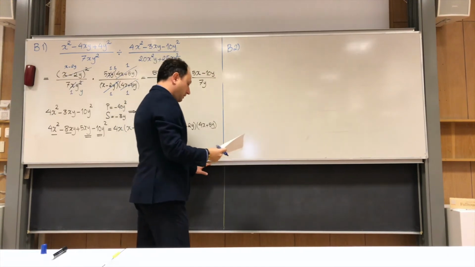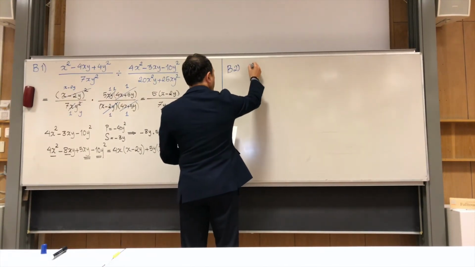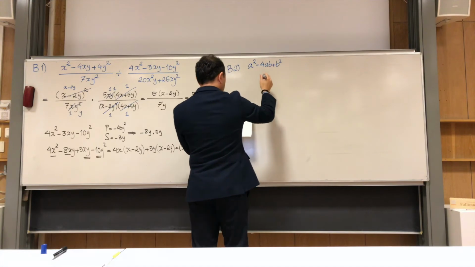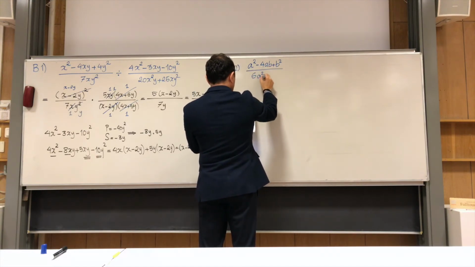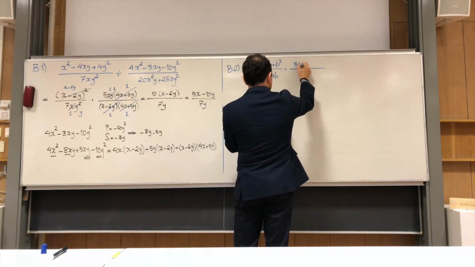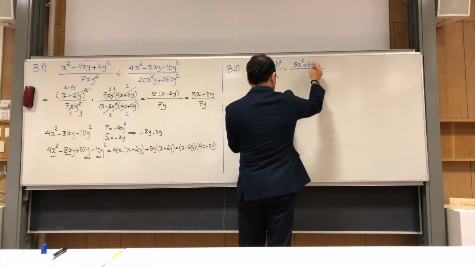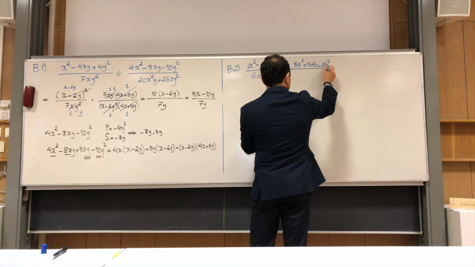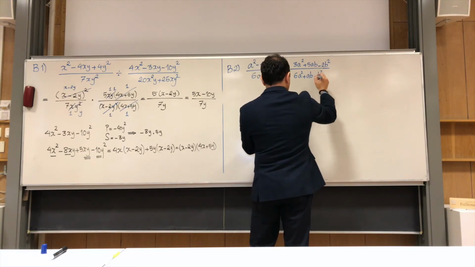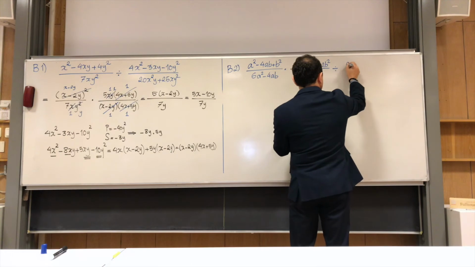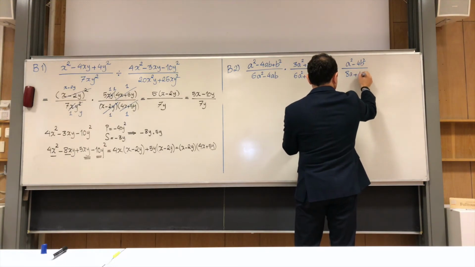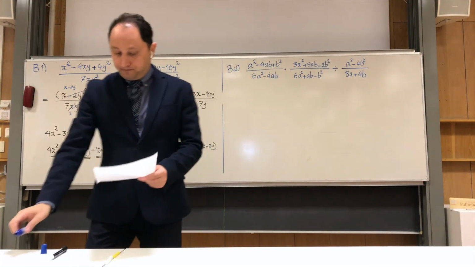So I'm supposed to simplify this expression: a squared minus 4ab plus b squared, and then I have 6a squared minus 4ab, multiplied by 3a squared plus 5ab minus 2b squared, divided by 6a squared plus ab minus b squared, and then divided by this expression a squared minus 4b squared, divided by 8a plus 4b. I'm supposed to simplify this expression now.